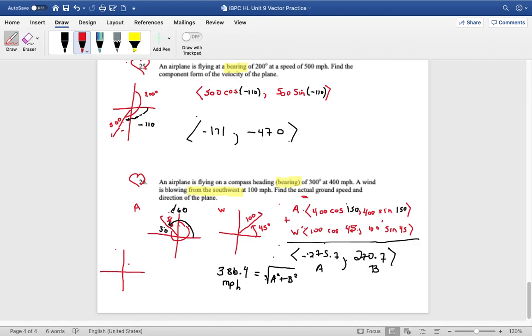So negative 275 and positive 270 is something like this, right?